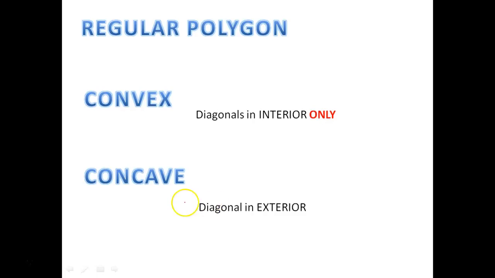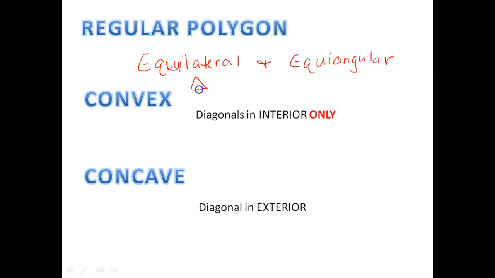All right, a regular polygon is a polygon that is equilateral and equiangular. If it is equilateral, you know that all sides are congruent. And if it is equiangular, you know that all angles are congruent.